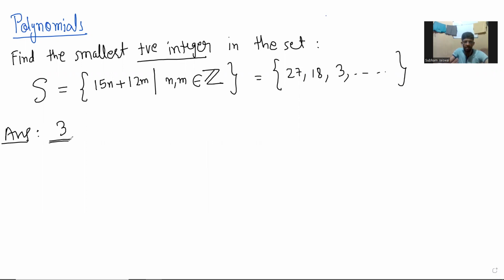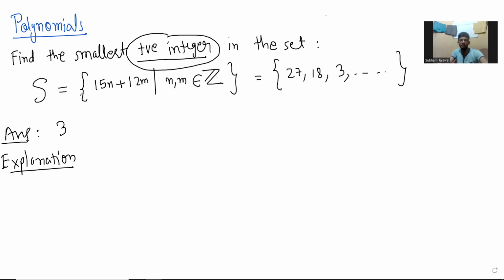Now, can anyone provide some explanation? Now they're looking for an explanation, because we are confident that it should be 3. Positive integers, so 0 is not allowed, otherwise you can always get 0. That's obviously there, right?